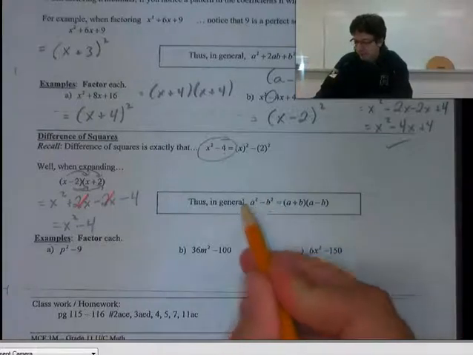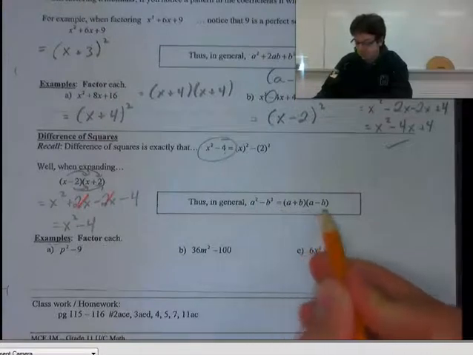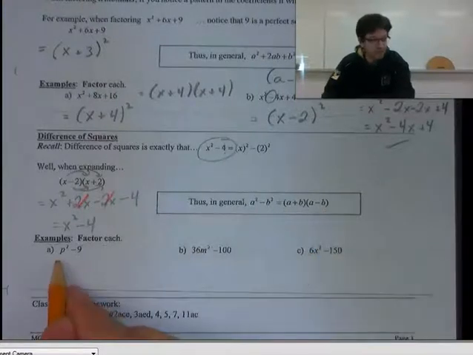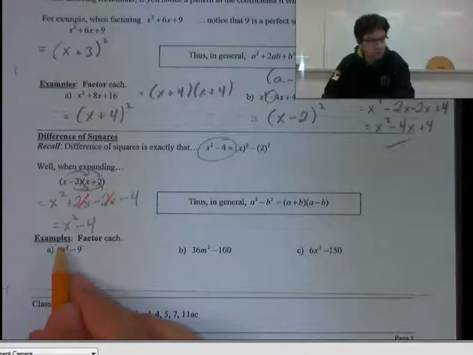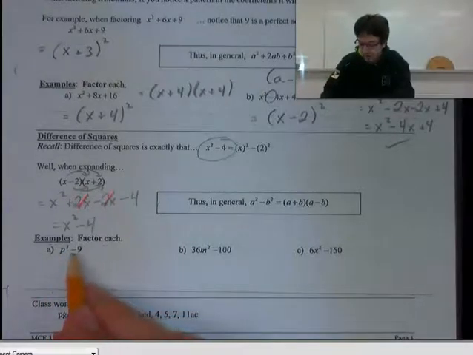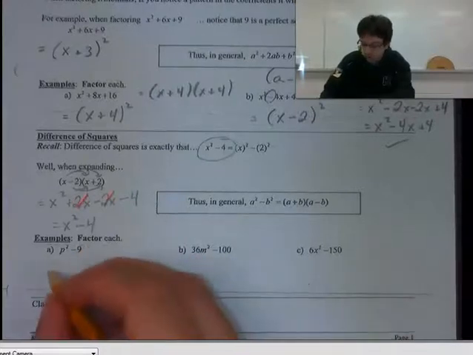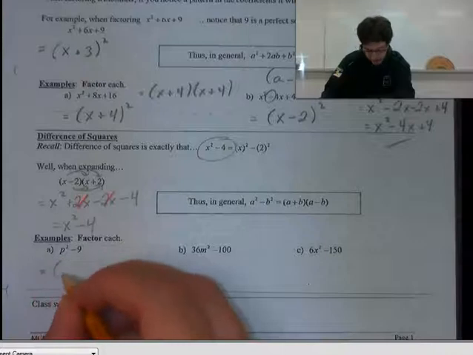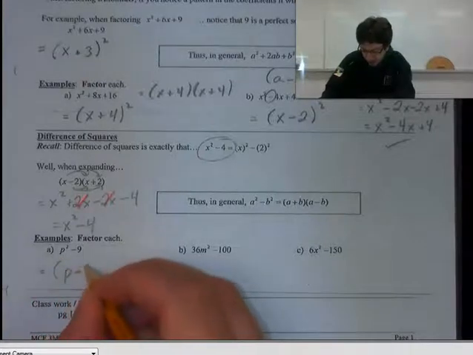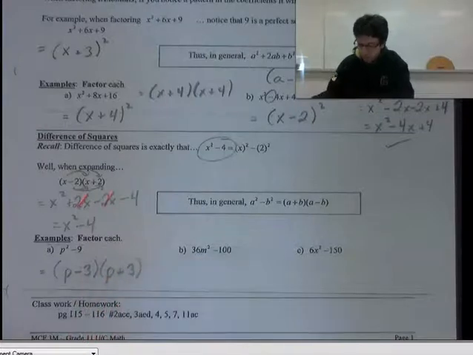So let's start with some examples like this, and we're going to factor them to look like this. Let's look at this one. Now p squared by itself, that's a perfect square. 9 is a perfect square of 3. So it looks like we can just write this as p minus 3 and p plus 3.